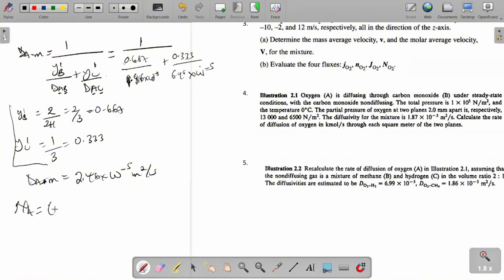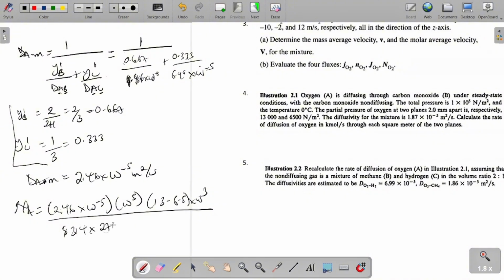It's just the AB that will change, which is 2.46 times 10 to the power minus 5, multiplied by 10 to the power 5, which is the pressure, then 13 minus 6.5 times 10 to the power 3, all divided by 8314 times 273 times 0.002 times 90.2 times 10 to the power 3. That's the log mean pressure over there.